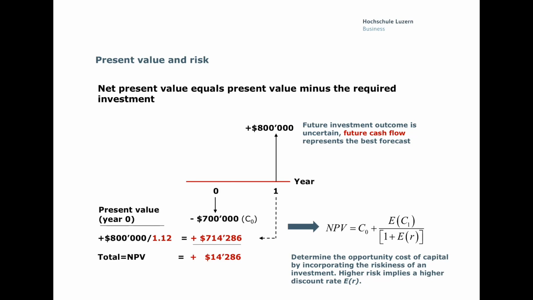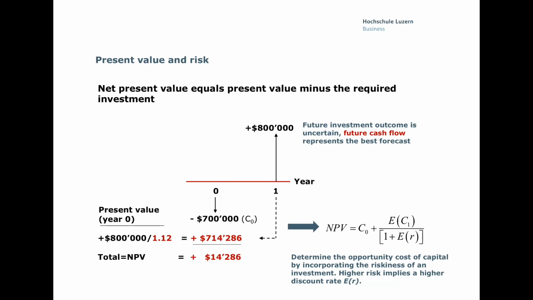So far, we assumed that the cash flow in period 1 was certain. However, let's move away from this assumption and suppose that the future investment outcome is uncertain and we have to come up with a prediction of the future cash flow. In this context, we have to adjust the discount rate by incorporating the riskiness of the future investment outcome.